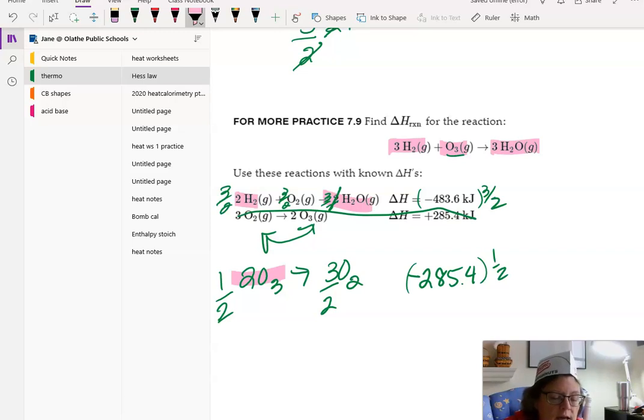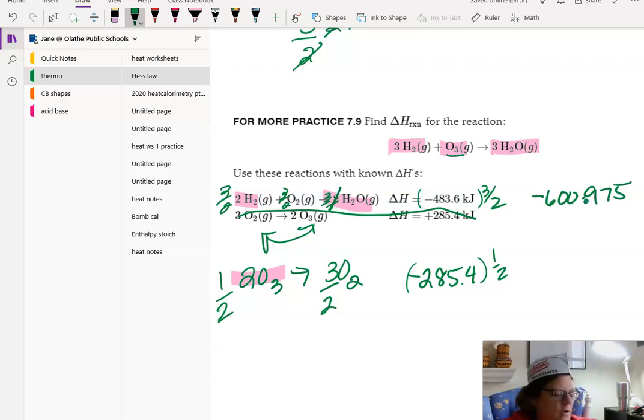So we just need to add it all up. So I'll do this guy first. 400 negative 483.6 times 3 divided by 2 gives me negative 600.975.